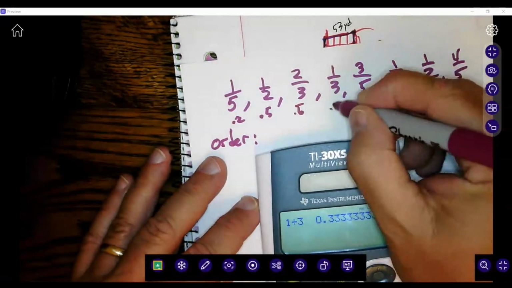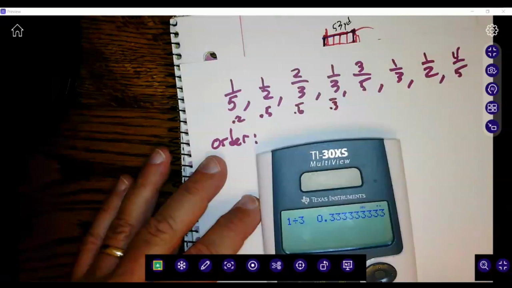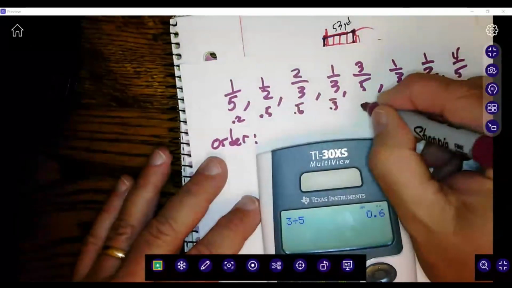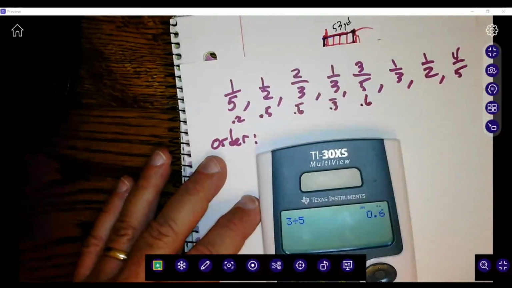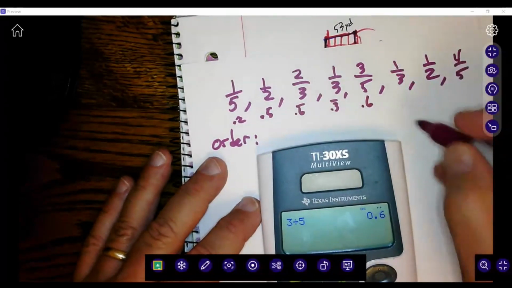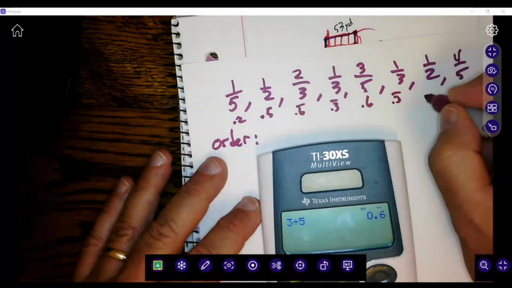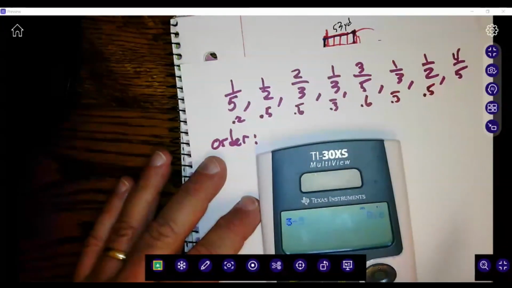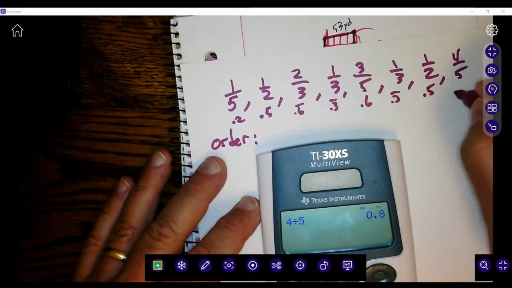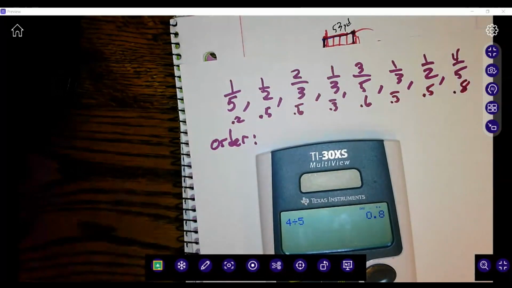It is 0.3 repeating. 3/5, 3 divided by 5 is 0.6 even. 1/3, we already did, is 0.3 repeating. 1/2 is 0.5. And 4/5, 4 divided by 5 is 0.8.